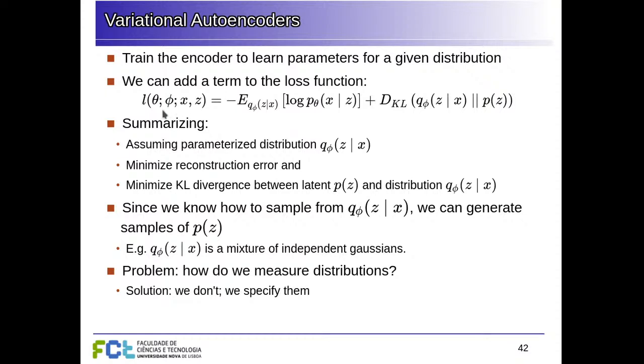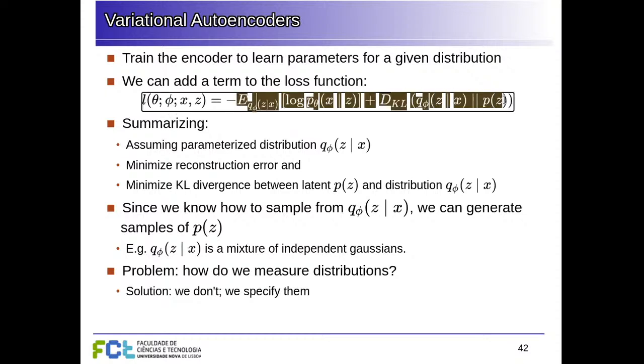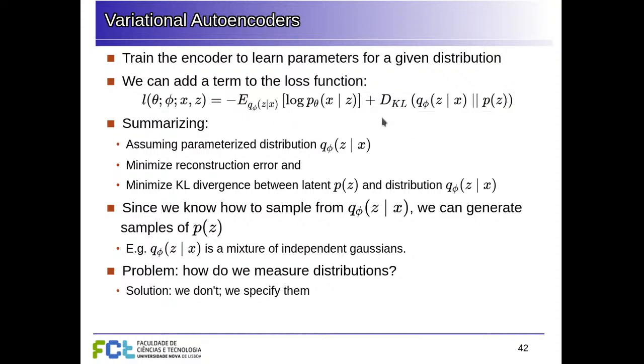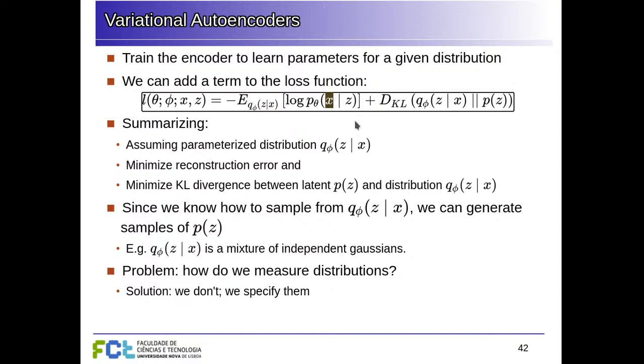We have an additional term to our loss function, which is not only the error in reconstructing our data. We are trying to maximize the probability of outputting something like X from this distribution that we have in the latent representation. Basically, we are training the autoencoder to give us as an output something that is as similar as possible to the input based on that Z distribution, the latent representation.